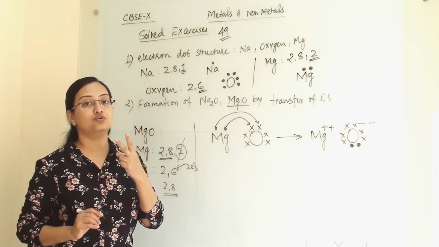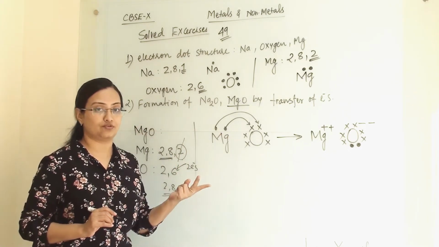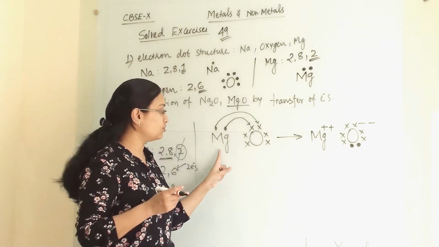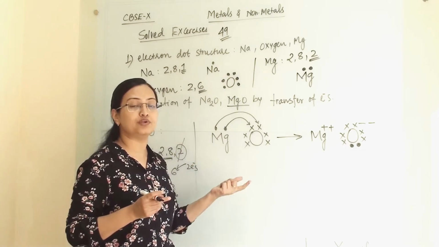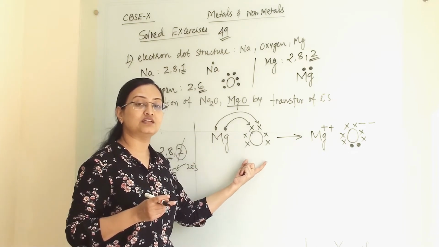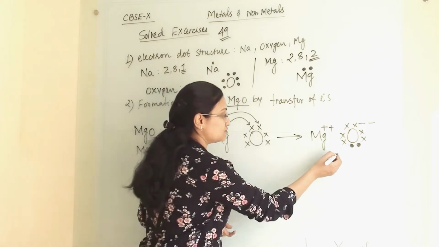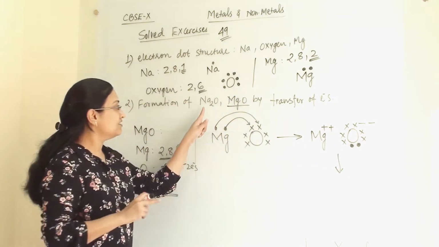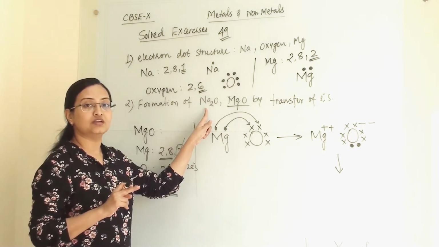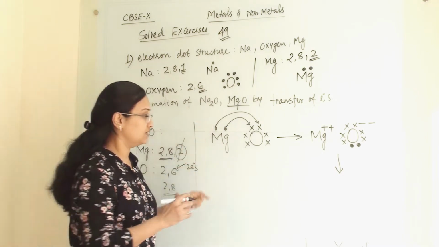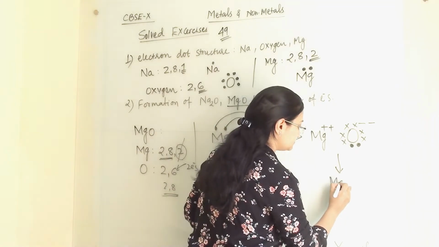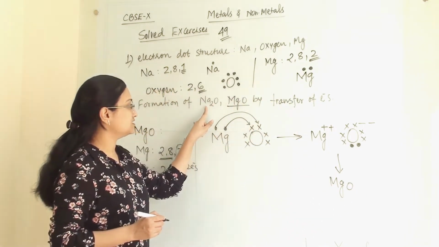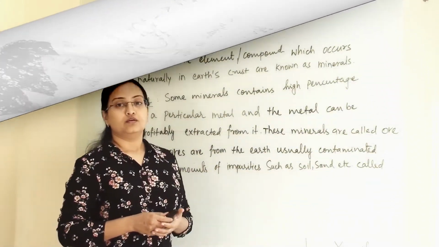So we require 2 sodium to donate 2 electrons. Here magnesium already has 2 electrons. So 1 magnesium alone can donate 2 electrons, which will suffice the requirement of oxygen. So with 1 magnesium this bond is possible, whereas we require 2 sodium to form sodium oxide. So here it will become MgO. This is magnesium oxide and this is sodium oxide.